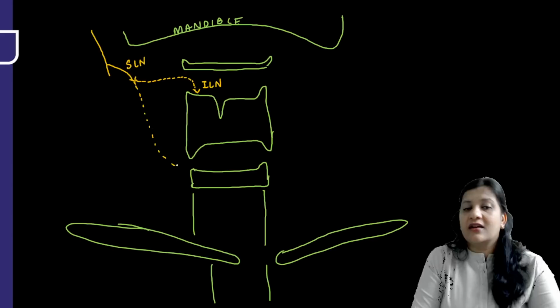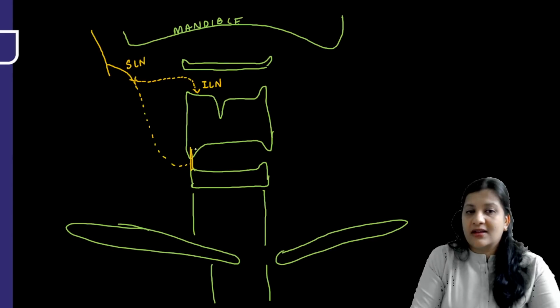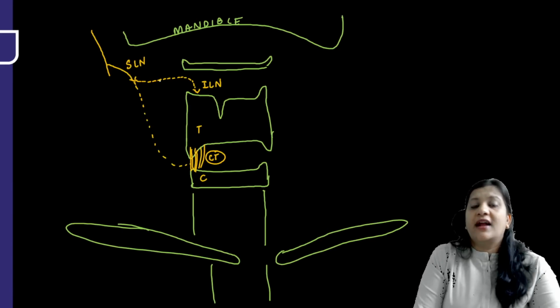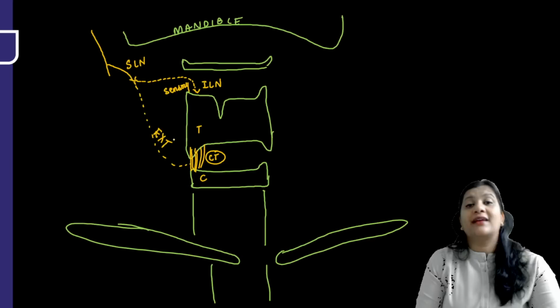The other supplies a muscle present between the cricoid and the thyroid, which is your cricothyroid muscle. So the nerve that is sensory above the level of vocal cord is your internal laryngeal nerve. The nerve that is motor to the cricothyroid is your external laryngeal nerve.